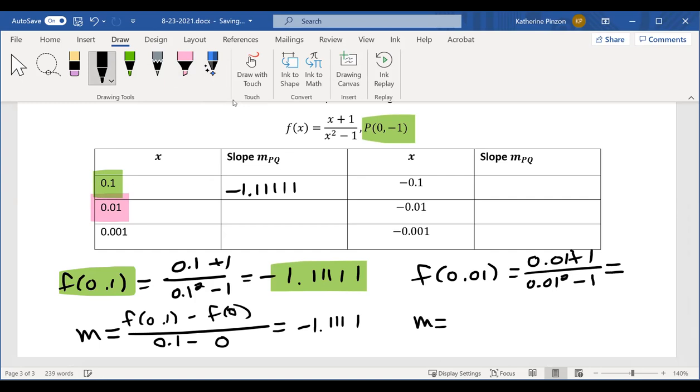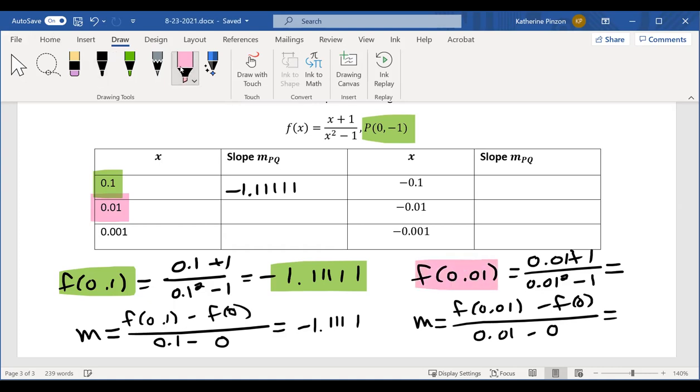And then I would find the slope by doing f of 0.01 minus f of 0 over 0.01 minus 0, and I would get this value here. So I did this, plugging it in. I don't know this number, but I'm going to figure it out.